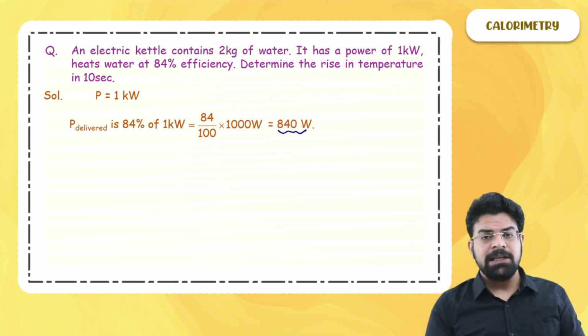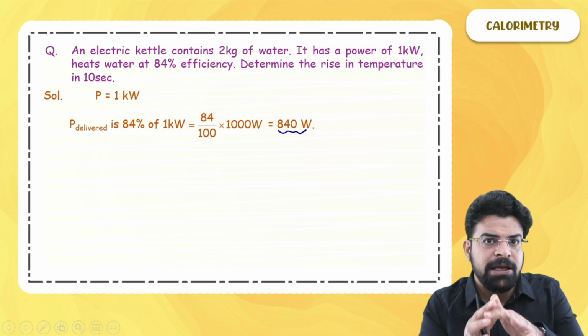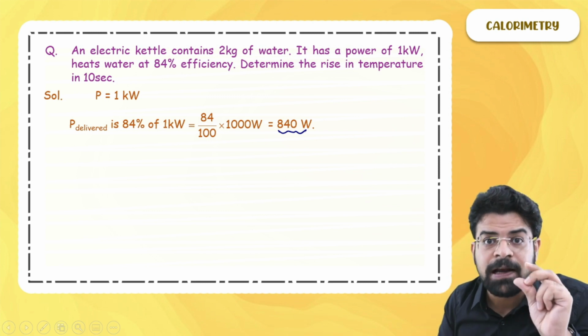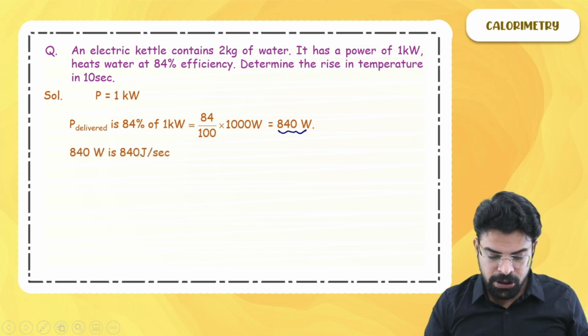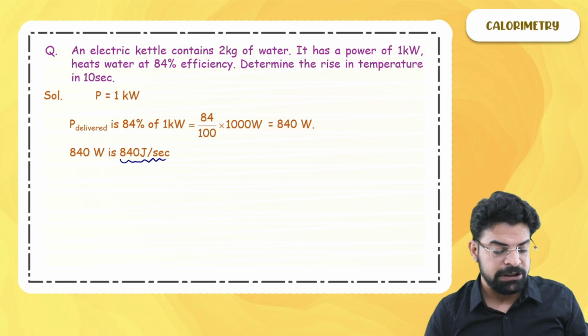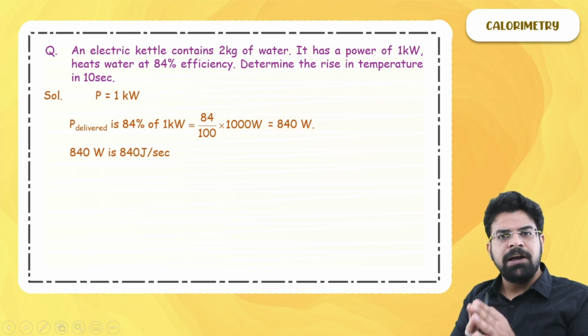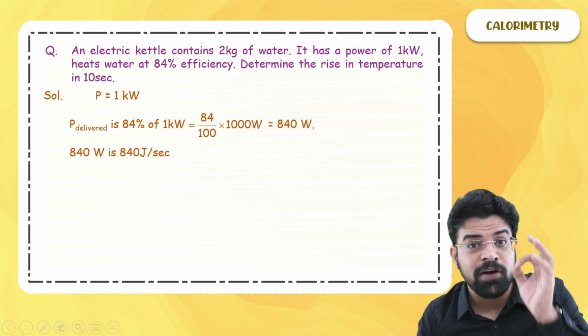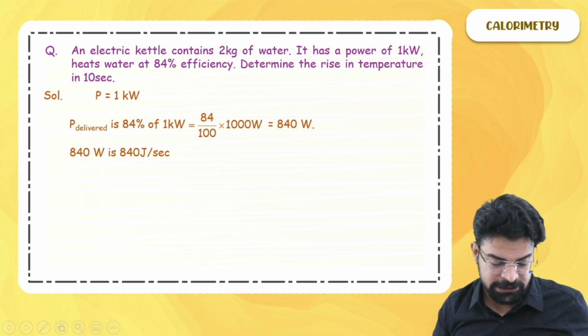When I say that the power provided to water is 840 watt, it means that 840 joules of energy is provided to water per second. So 840 watt is as good as 840 joule per second.